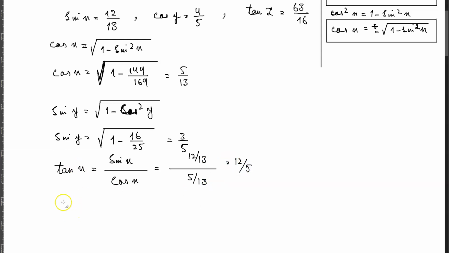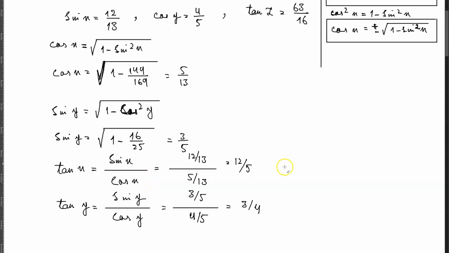That is tan x. And tan y is equal to sine y over cos y. Now sine y is equal to 3/5, and cos y is equal to 4/5, that's the same thing as 3/4.